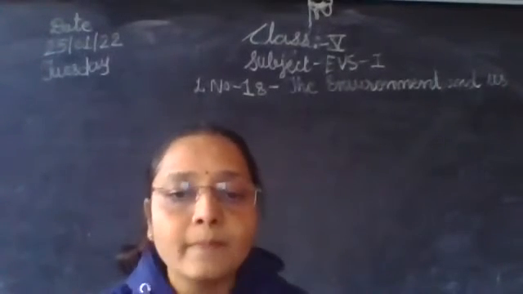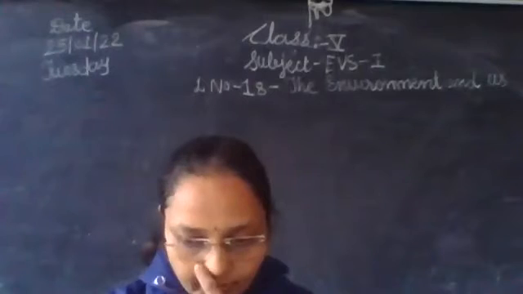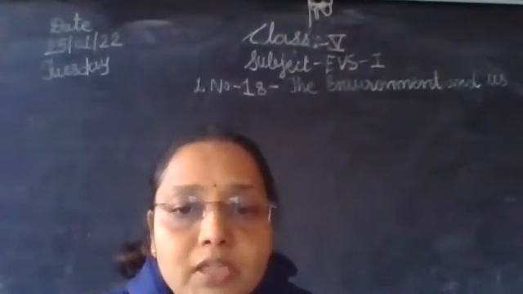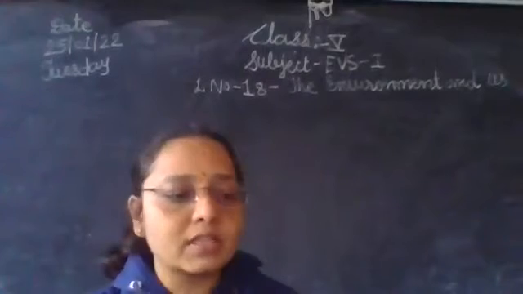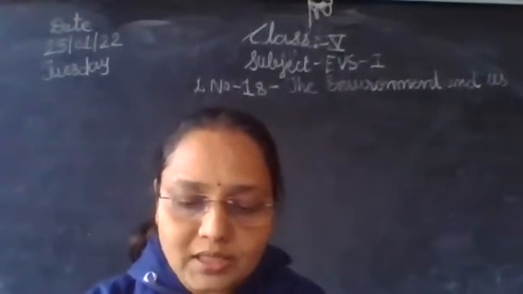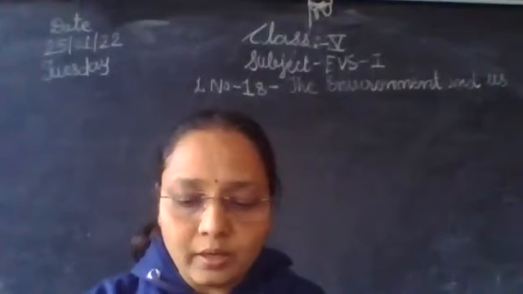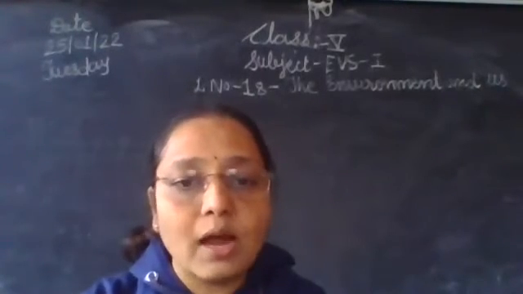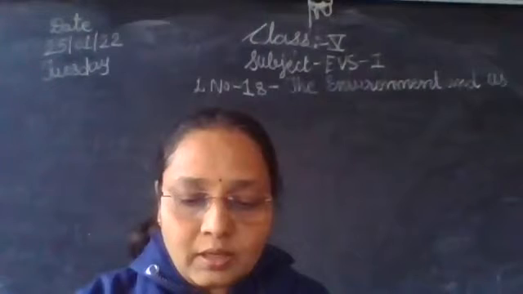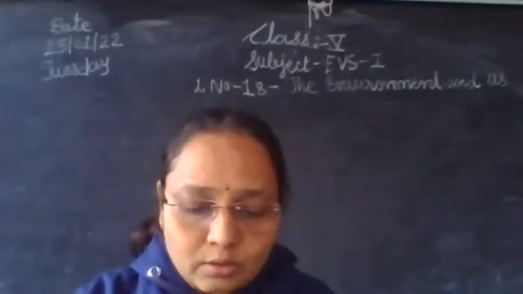Extinct means destroyed. Various species of plants and various species of animals are going to be extinct due to human interference. You have to find out some species of plants.